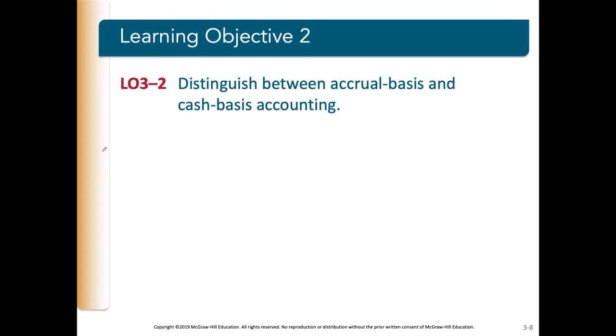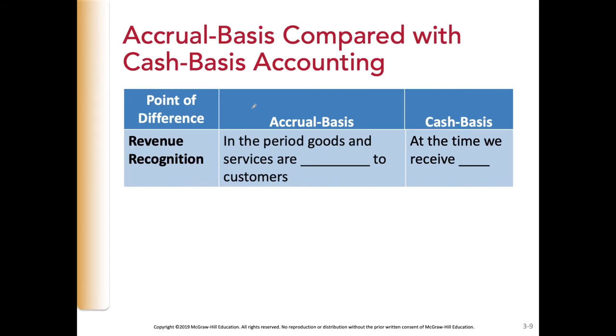Okay, so now we understand there's a difference between accrual accounting and cash accounting. Let me elaborate a little bit more. We want to do a comparison between accrual basis and cash basis accounting. The point of difference is revenue recognition: when do we recognize revenue? When we receive cash, or when goods and services are provided to the customer?